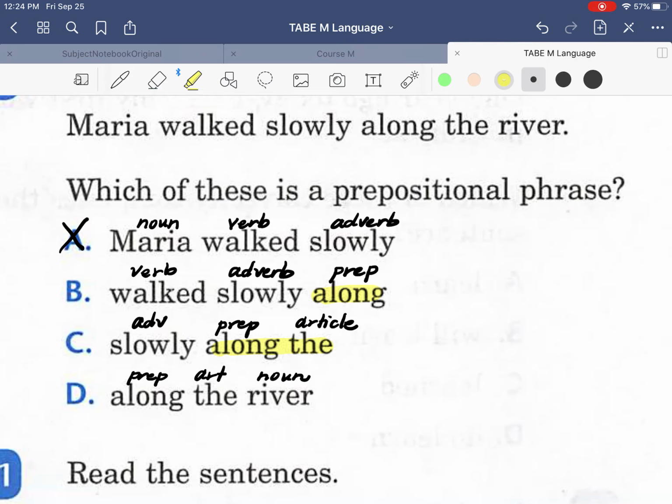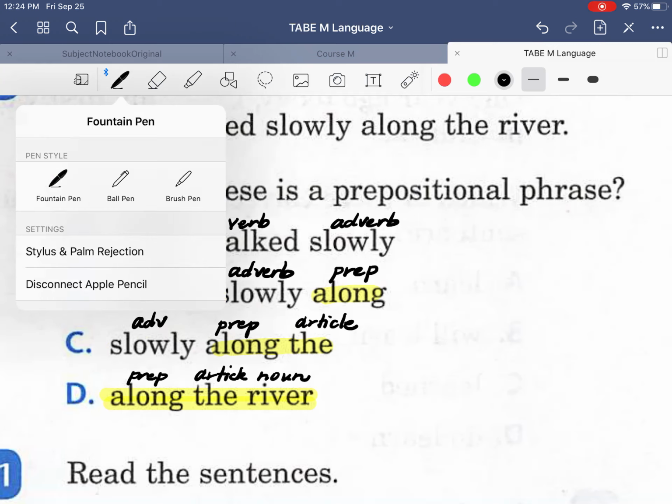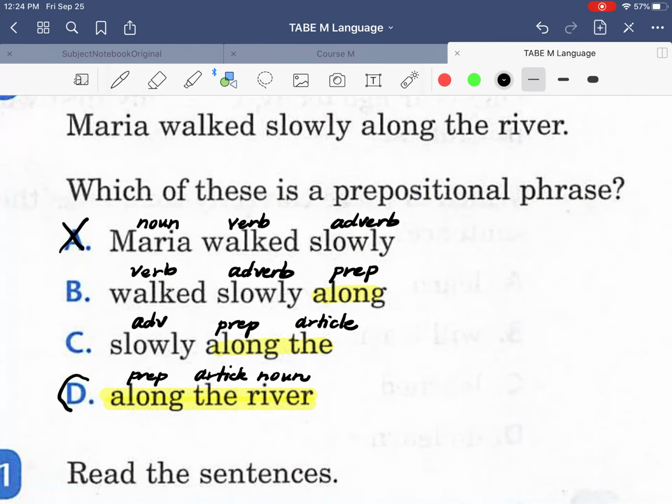To make a prepositional phrase, this is the pattern you're looking for. Preposition and a noun. It may or may not have a word in here, but you need a preposition and a noun. Prepositional phrase is D, along the river. It tells me where she walked, so it is an adverb phrase.